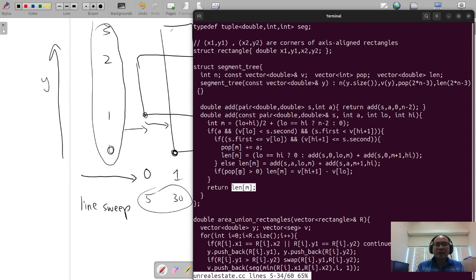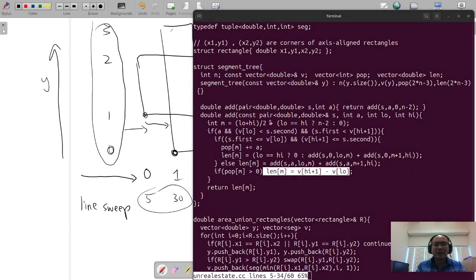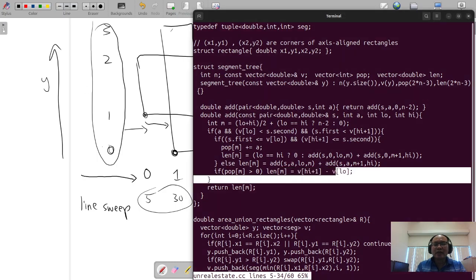Okay, so for example here, if the population is greater than 0 in that tree node, meaning that something in that subtree is greater than 0, then the length is just basically the value maintained by that interval, the y values maintained by that node.